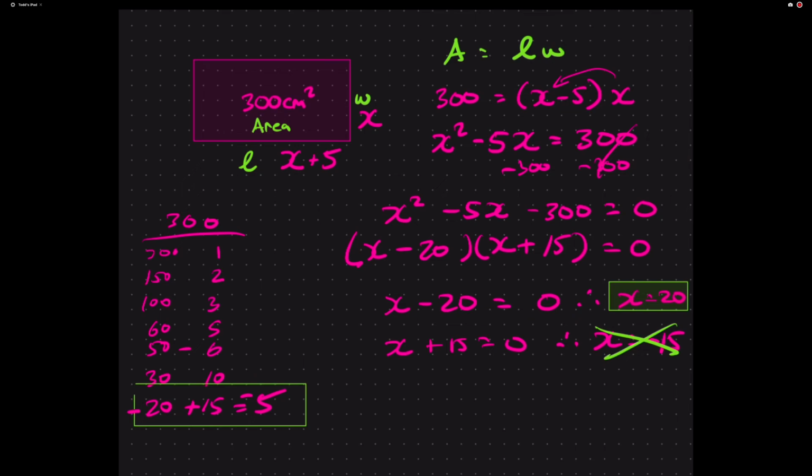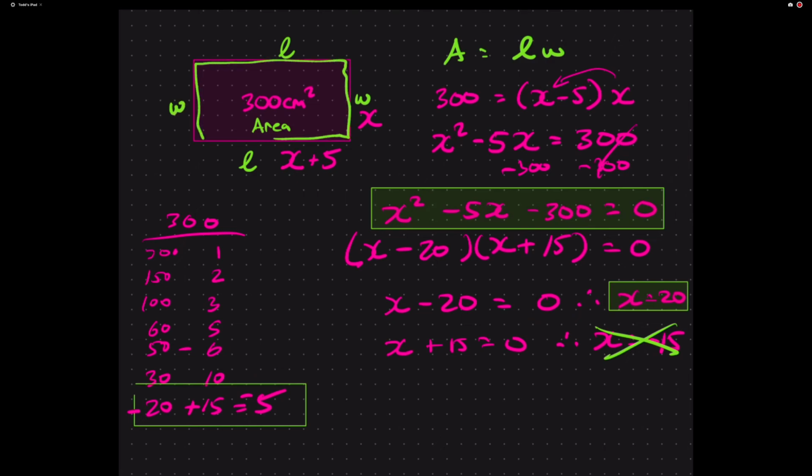Okay, so we've solved the first part of our word problem by creating this polynomial equation, but now it says solve for the perimeter. And what do we know perimeter is? Well, in this case, it's going to be length plus width plus length plus width, the distance all the way around this shape.